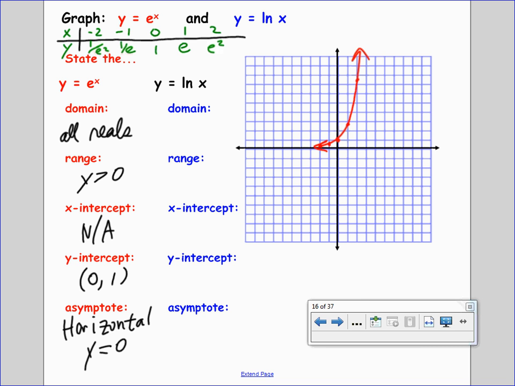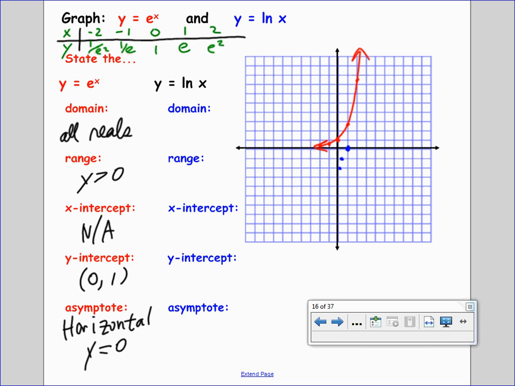Instead of -2, 1 over e squared, we'll have 1 over e squared, -2. So that was about 0.135, -2. So I'll do that in blue. 0.135, -2. So about here. And 1 over e was about 0.367, Barrett told us. So we'd have 0.367, -1. 1, 0.